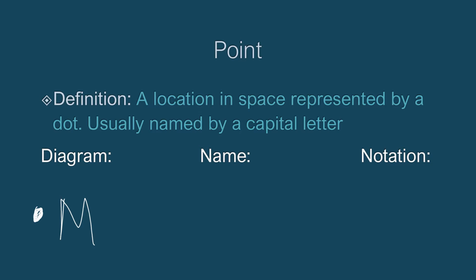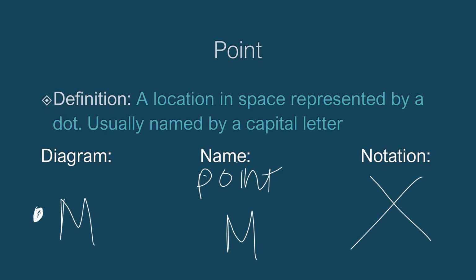To write the name down, it would be point M. And there is no notation for a point. So you either write it as a dot and then an M, or you write it as point M. And when you're making the diagram, make sure you don't make just a little mini dot like that, because that is going to be very hard for me to see.